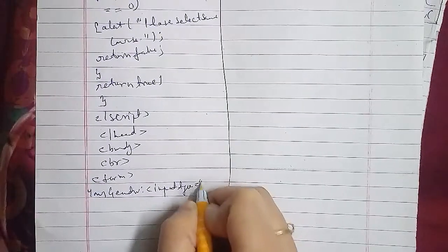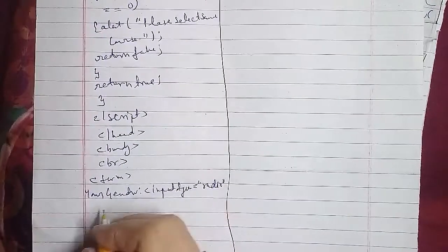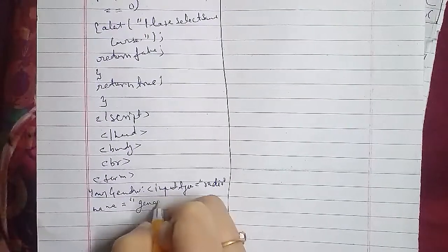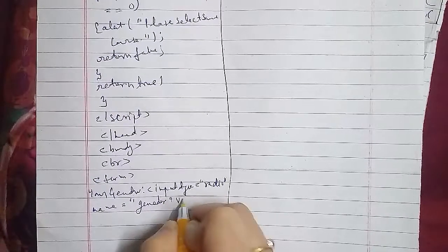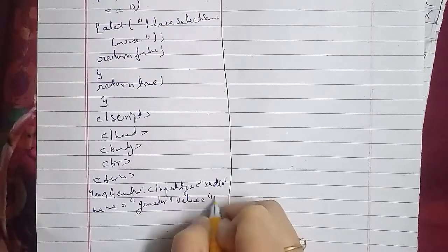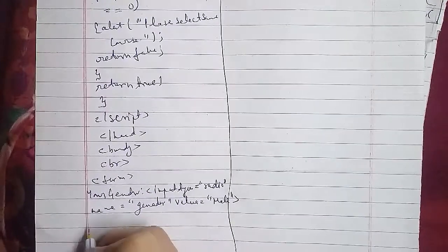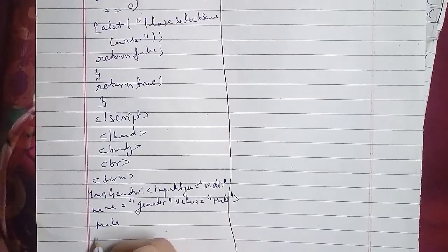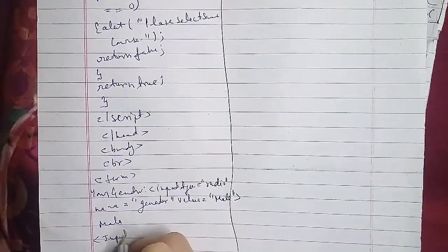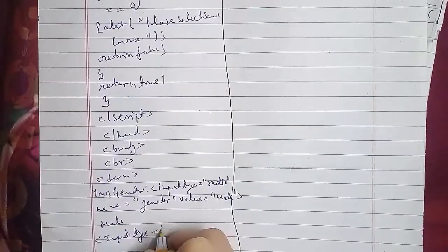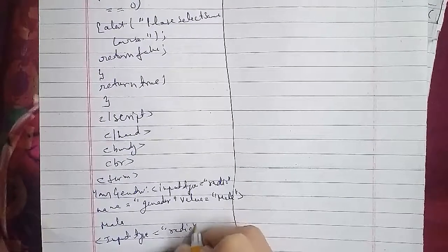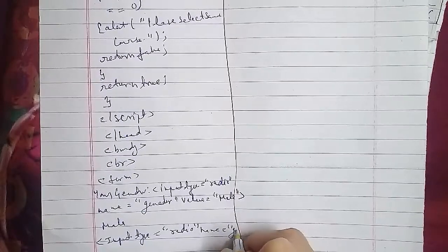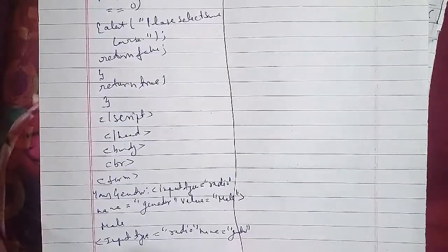Then again we have an option value equals to mechanical, then option tag close. Then again we have an option value equals to ENTC, then option close. Now select tag close, break tag close, break tag again close.